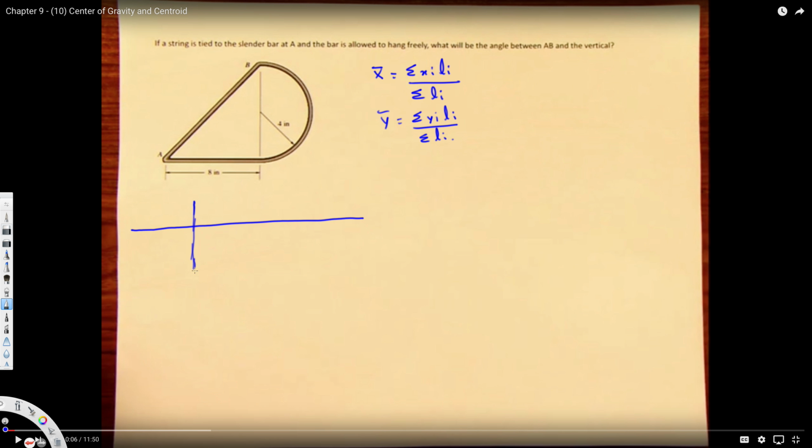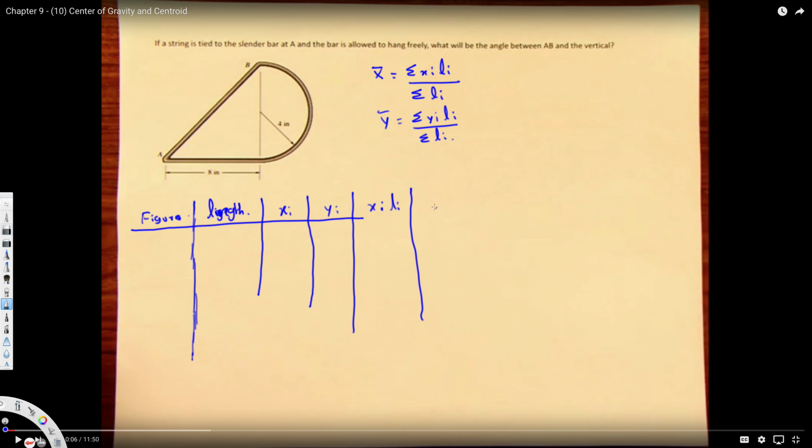First of all, I will create a table. This is going to be my figures, and length, and then we have to calculate xi, yi, then xi li, and yi li.